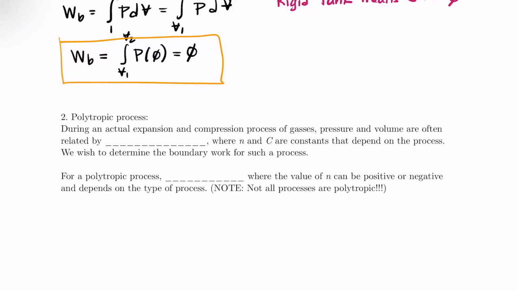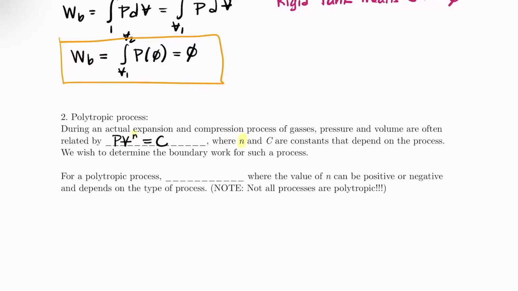During an actual expansion and compression process of gases, the pressure and volume are often related by an expression that looks like this. We have pressure times volume raised to the nth power is equal to C, where n and C are constants.